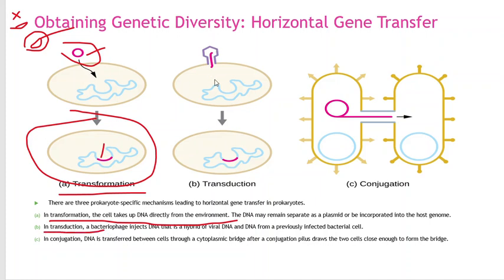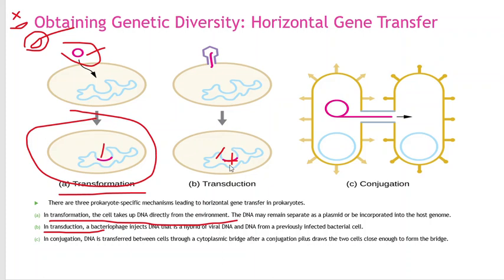Transduction, this bacteria gets a virus. The virus will cut the DNA and insert its DNA right there. Now, when the virus gets ready to leave, it cuts itself out, but when it cuts, it doesn't cut in the same place.